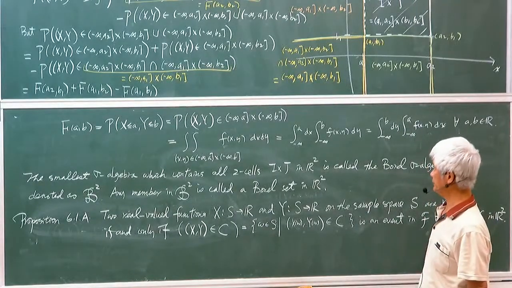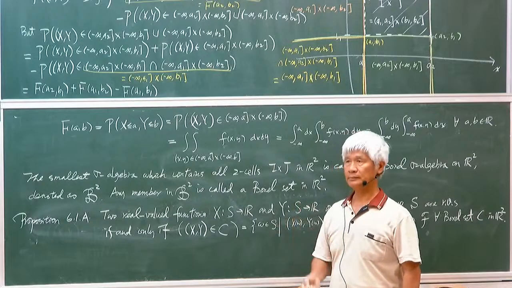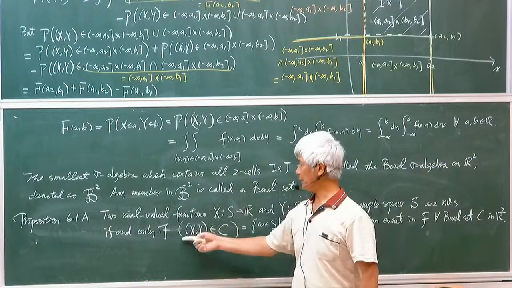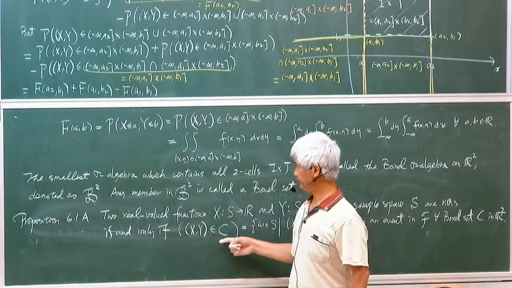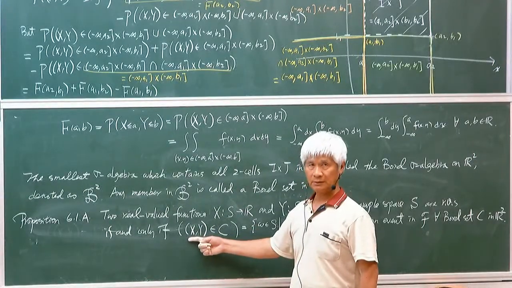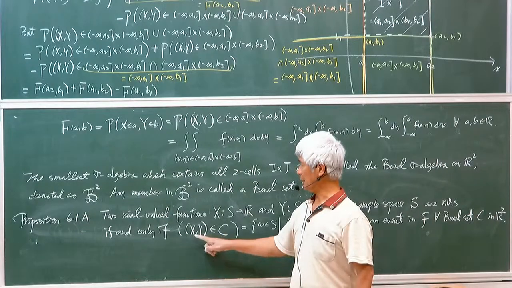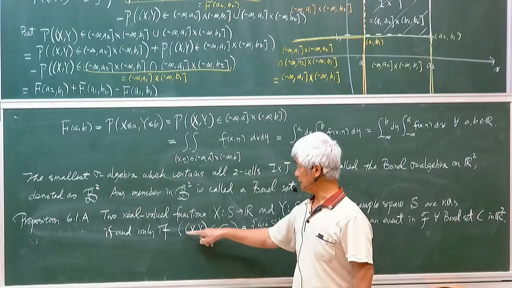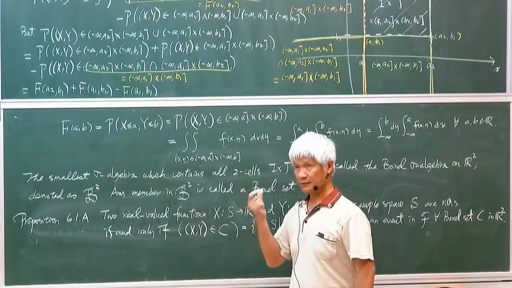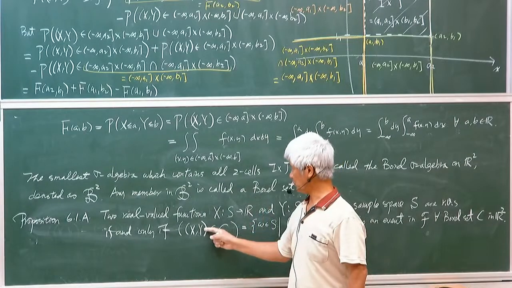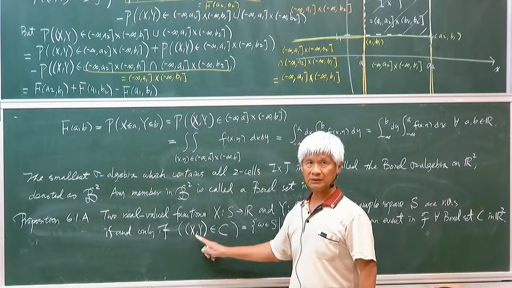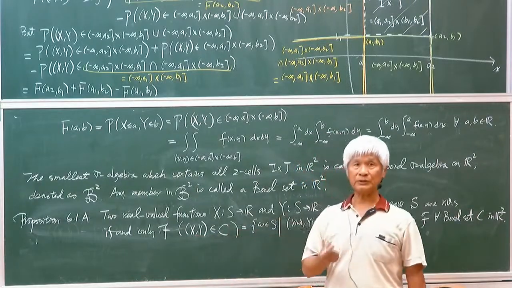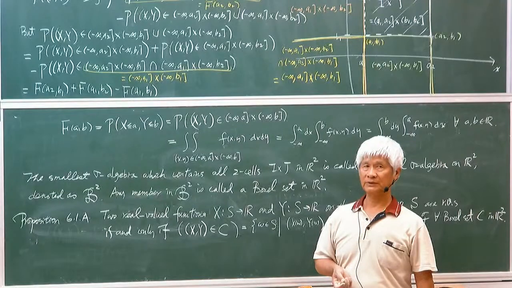The proposition is important because we can assign probability to any event described by X and Y jointly. We define an event described jointly by this random vector, a vector function, which is in a two-dimensional Borel set.